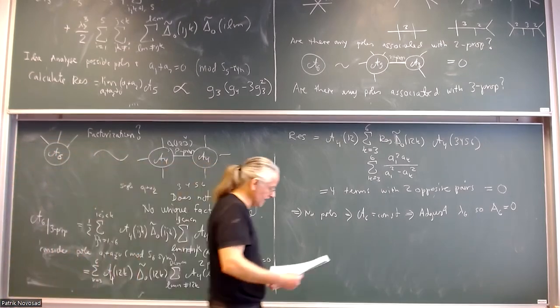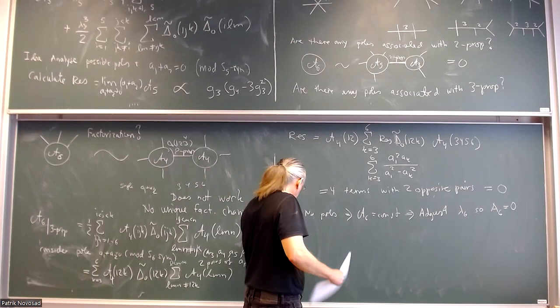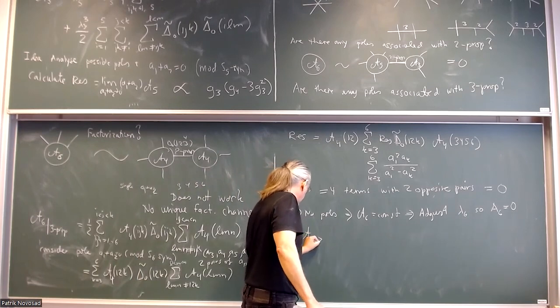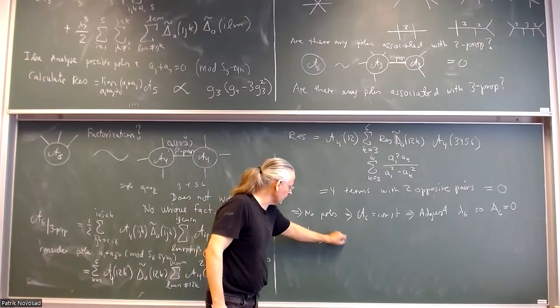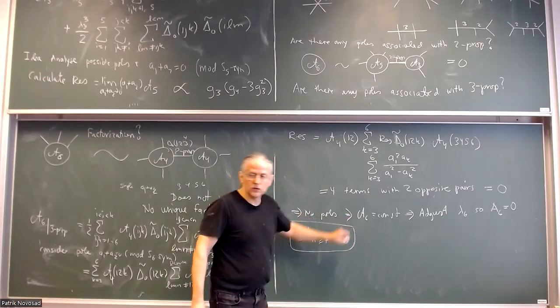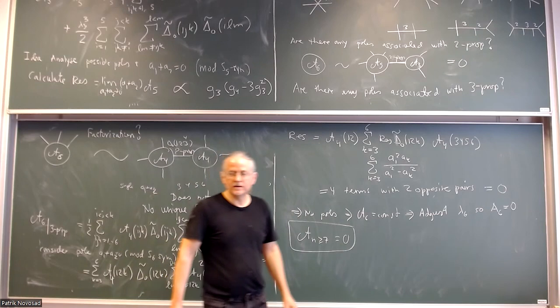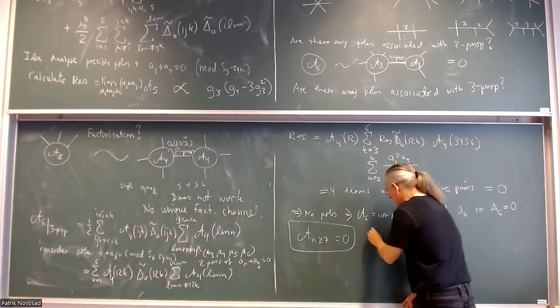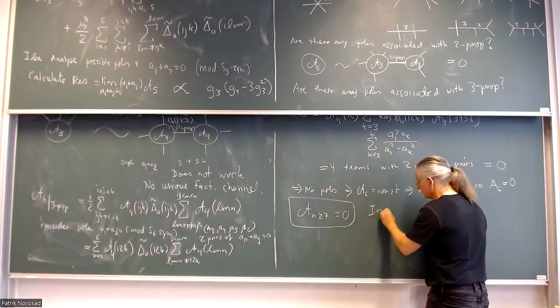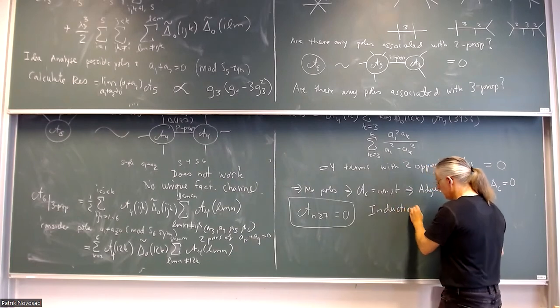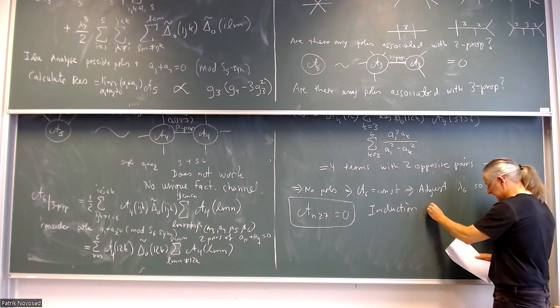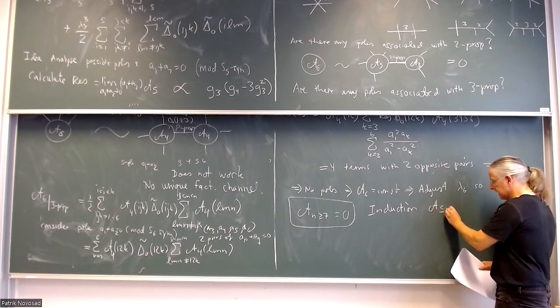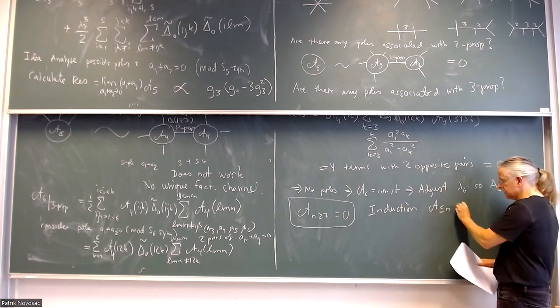So if we allow 5 minutes more, then we can actually finish the induction, because it turns out that the last one, n bigger than 7, is equal to 0. Now we can actually use induction. So let's assume that A_n less than n is 0.